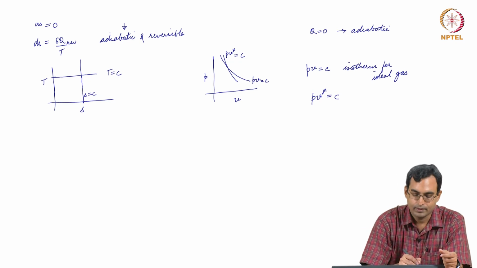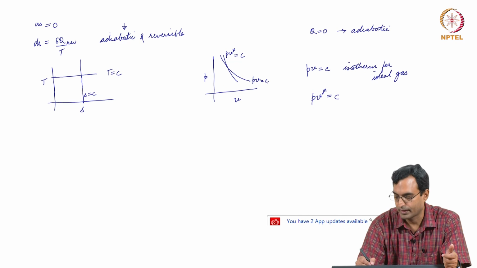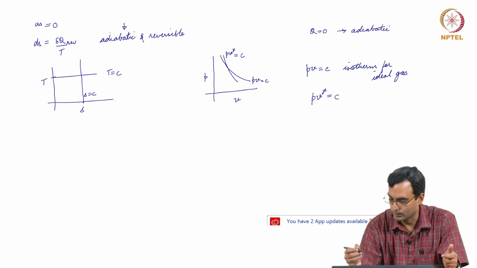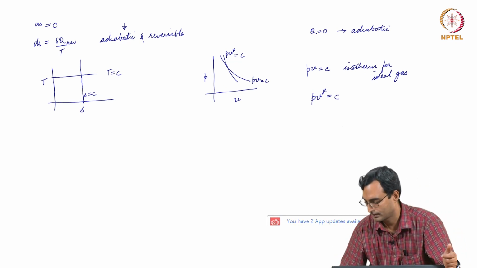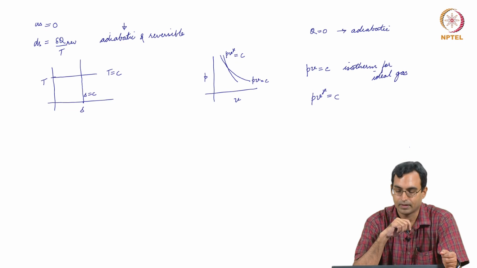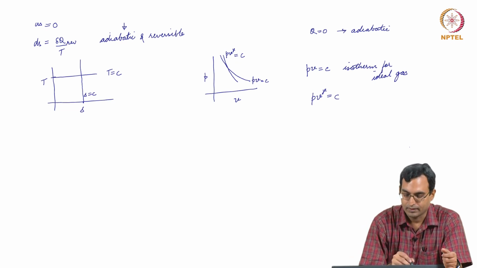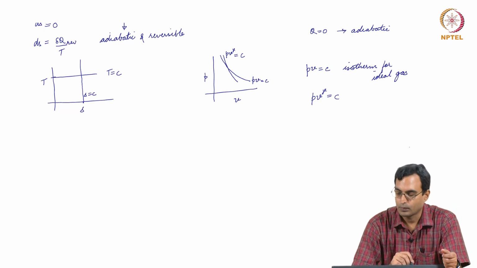So, we have here the temperature constant, which is PV equal to constant for an ideal gas. It could also be different shapes for other substances. For example, it is horizontal for a two phase mixture and so on. So, we have two of these curves. We can see what the other ones look like.